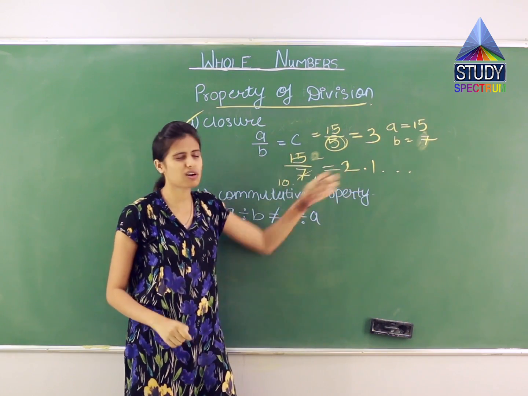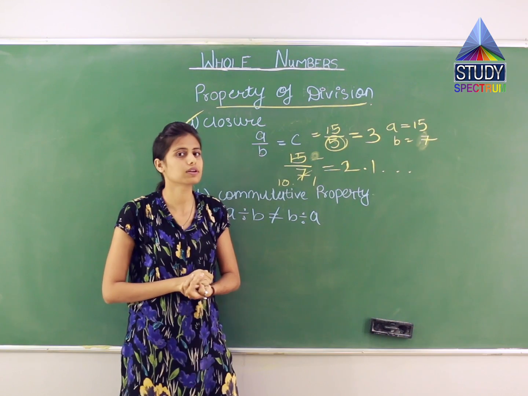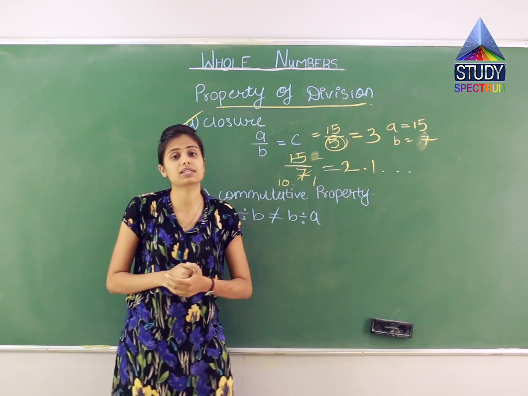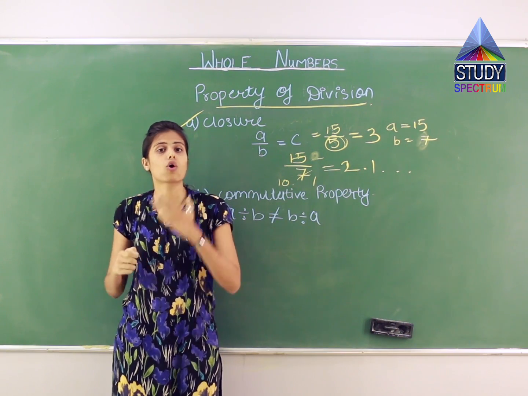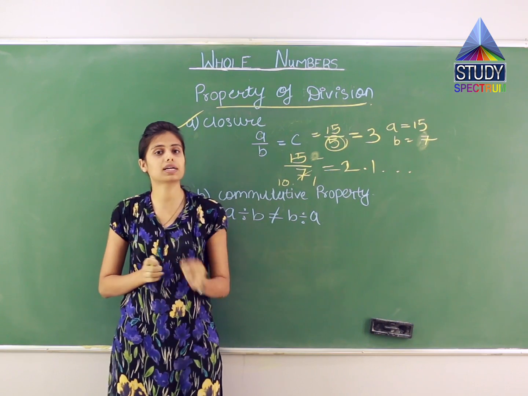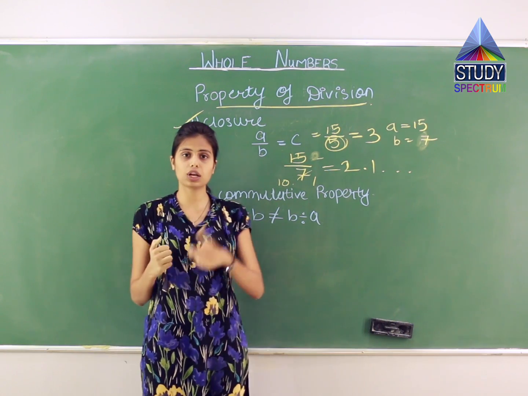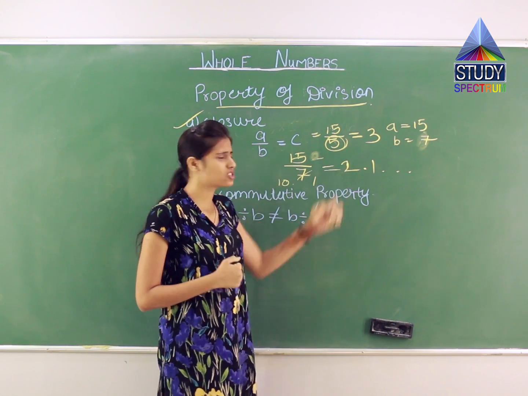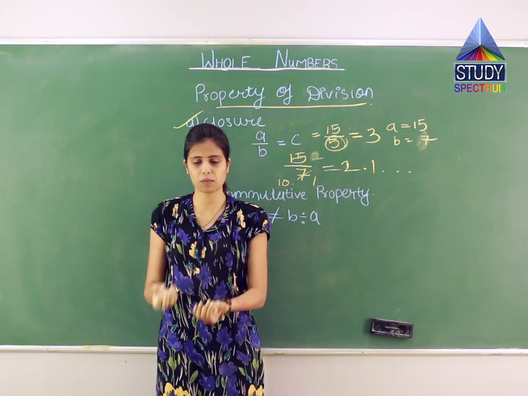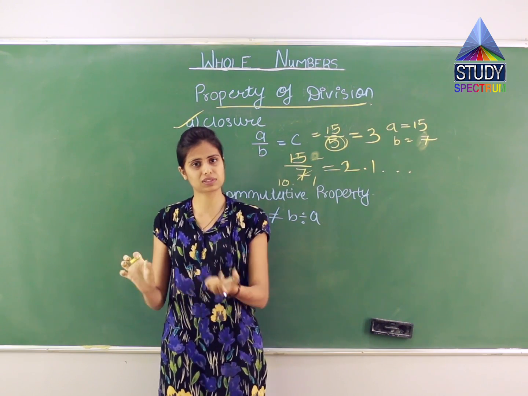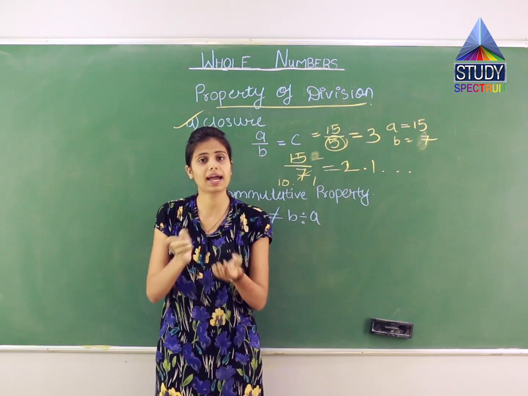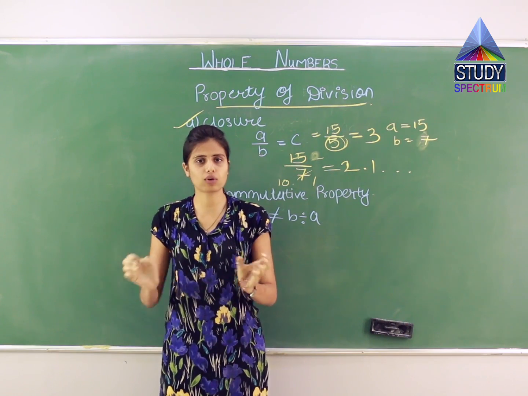Does it mean this is a whole number, 2.1? No. Why? Because decimals are not included in whole numbers. Whole numbers are the countable numbers plus 0, natural numbers plus 0. Is 2.1 a countable number? Suppose I tell you that this is something like a line that is half or in a fraction, you cannot count it as a whole.